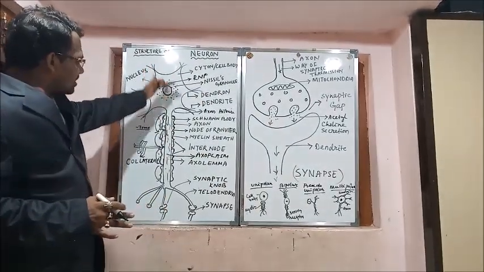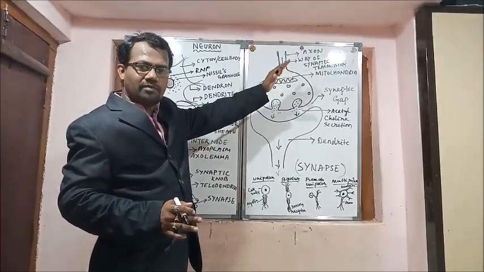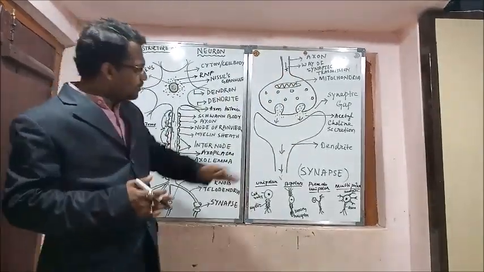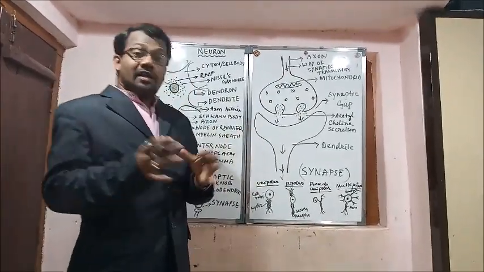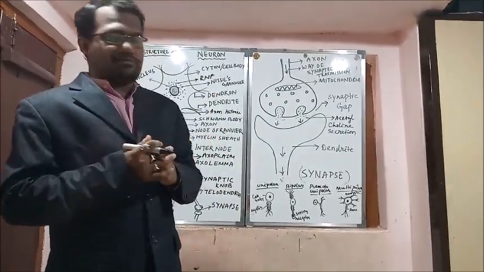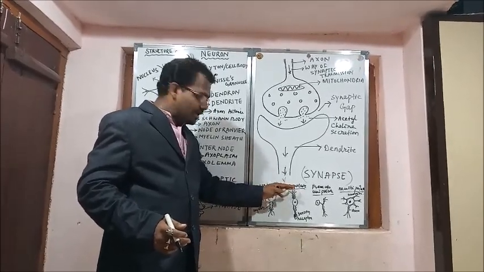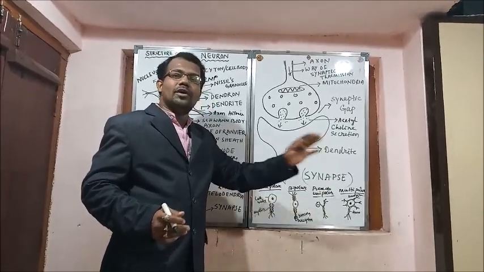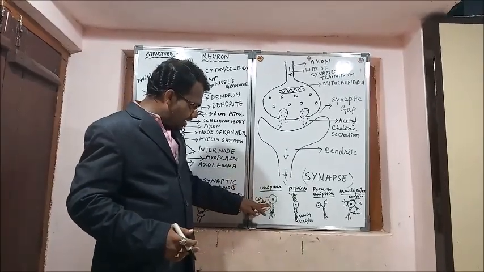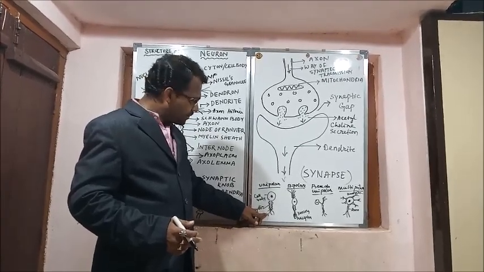As we know, this is the structure and how the nerve impulse can transmit from the dendron of one neuron to the axon of another neuron. After that, there are four types of neurons: unipolar, bipolar, pseudo-unipolar and multipolar. In unipolar, one cyton, the cell body, with myelin sheath, and this axon is here.